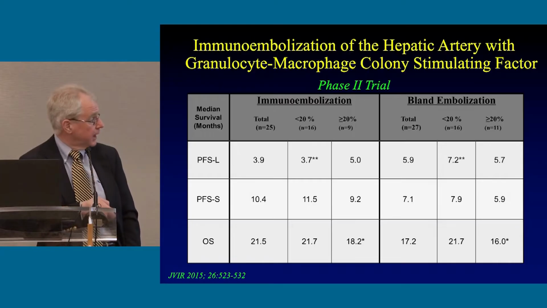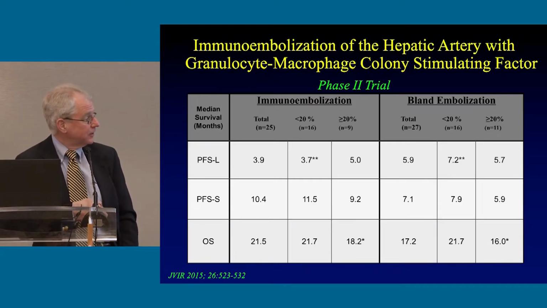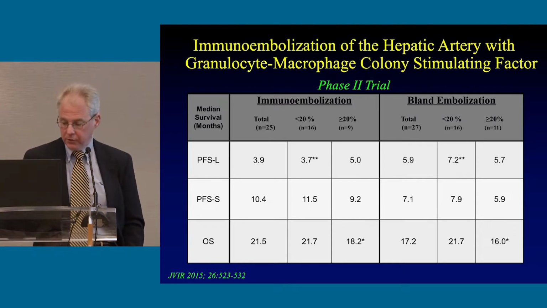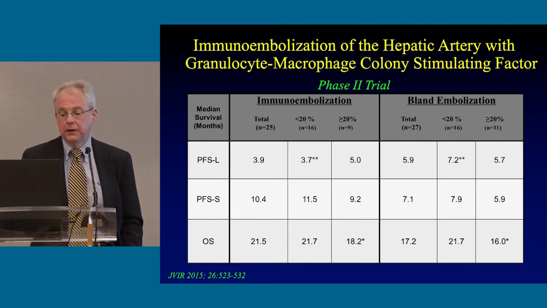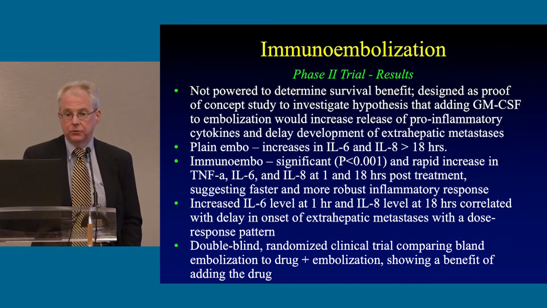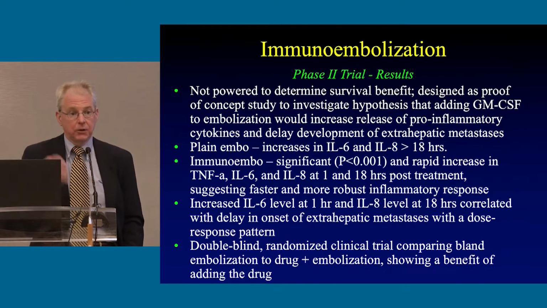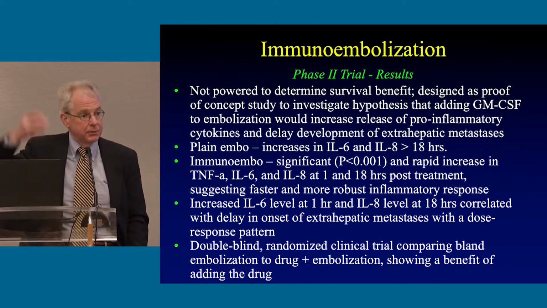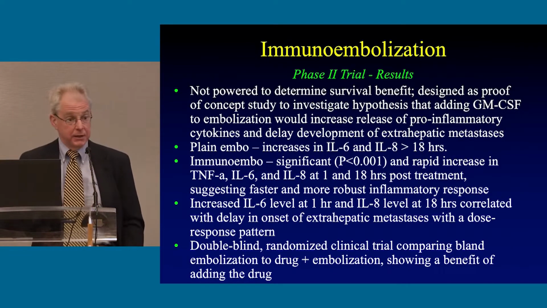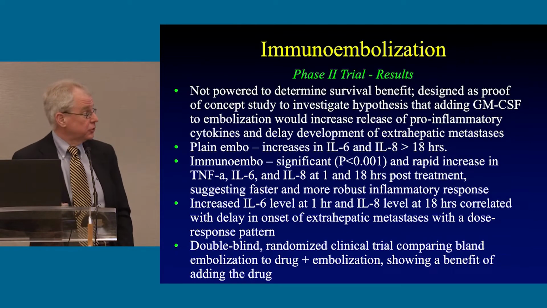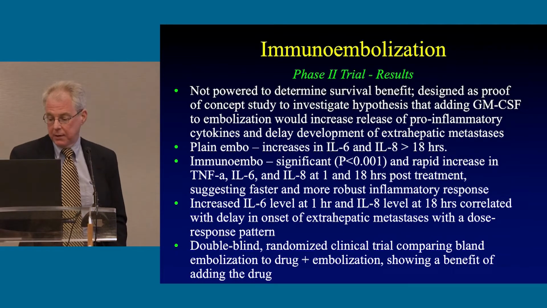But anyway, you can see that, compared to some of the earlier trials, again, survivals are starting to creep up here, not saying it's good enough, but we are making some progress here. And we were able to show that patients who had increased levels of certain immunologic factors in their blood after the procedure correlated with a better outcome.